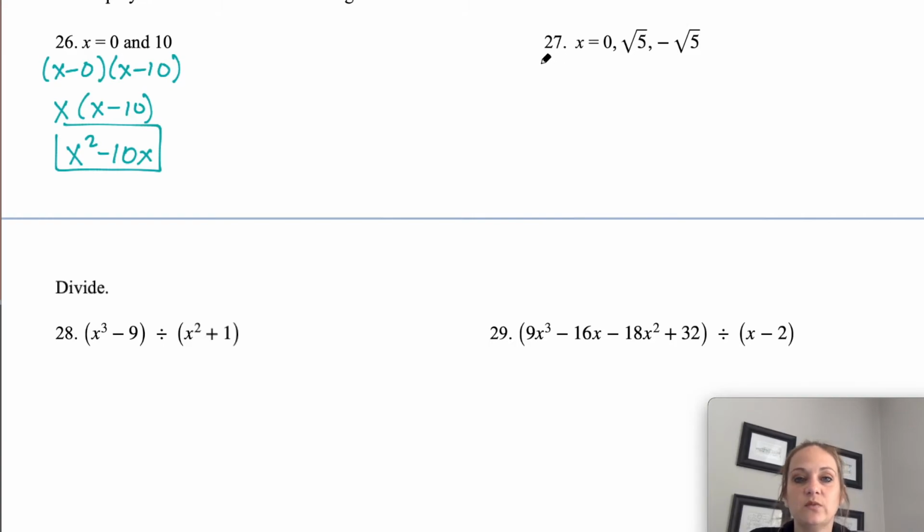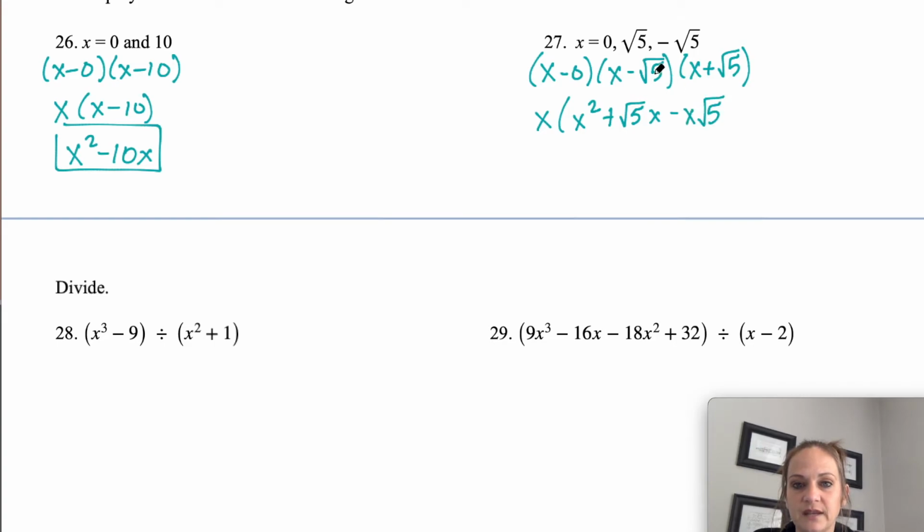In this case, we know that x minus 0, x minus the square root of 5, and x plus the square root of 5. We know that x minus 0 is just x, and then we're going to FOIL. X times x is x squared. X times the square root of 5 is the square root of 5x. Negative x times the square root of 5. And then square root of 5 times square root of 5 is the square root of 25.